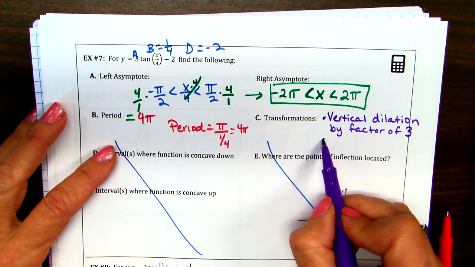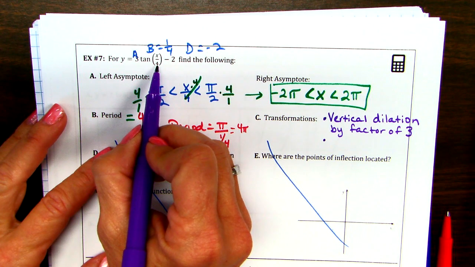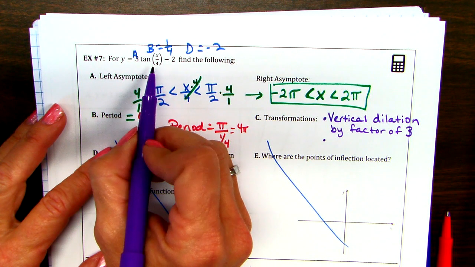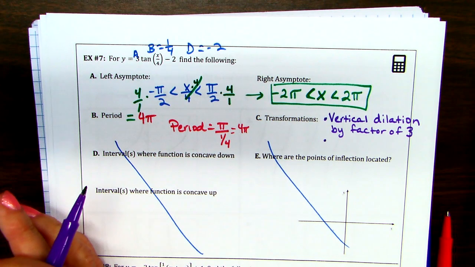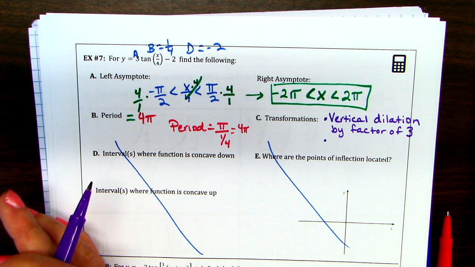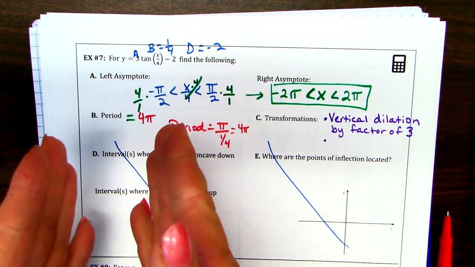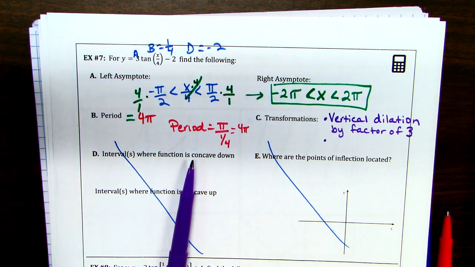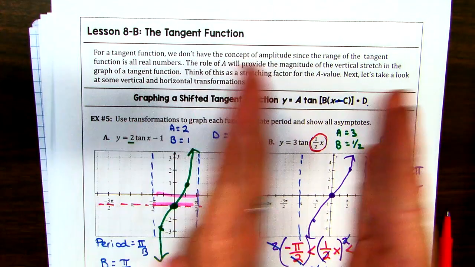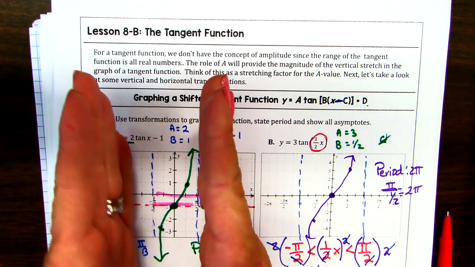We have that 4 in there. Anybody know what that is? What is that 1/4 doing to our graph in words? Say it again. Horizontal dilation. 100%. Think about it. I get excited. Whether it's a B value or C value in there, it changed our asymptotes. Here's the plain old boring one.